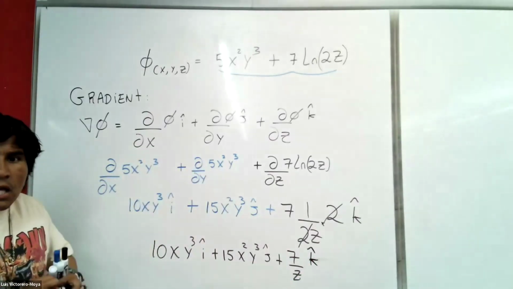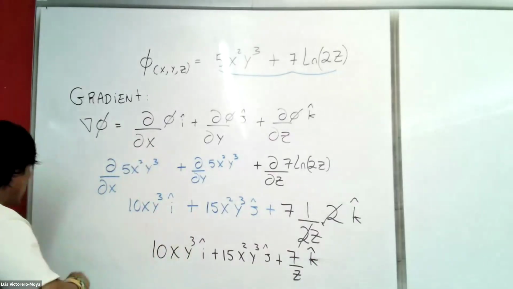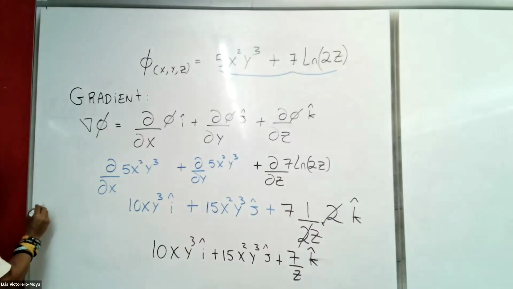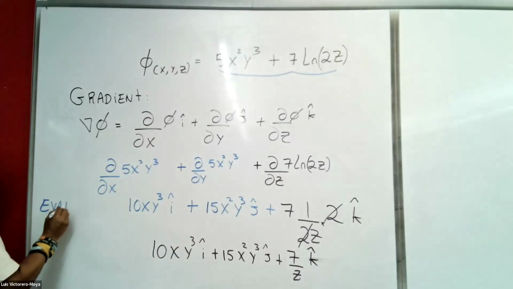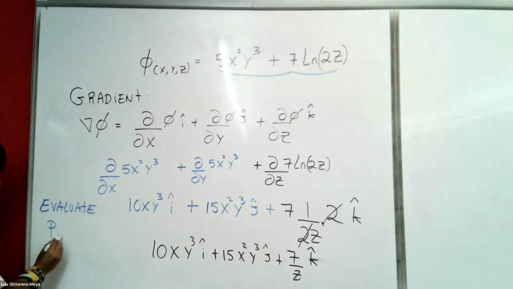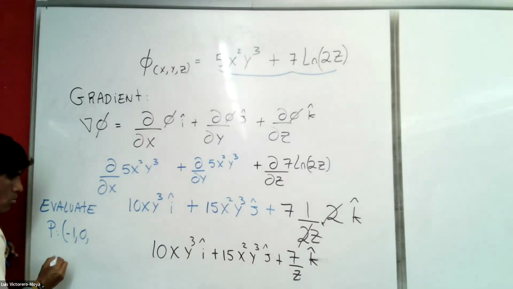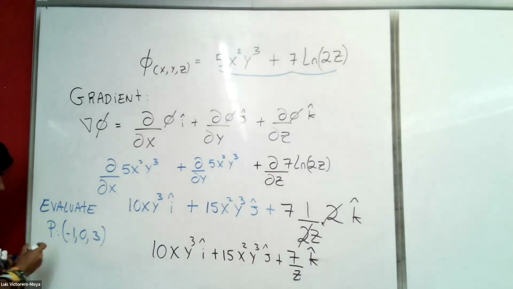Perfect. Now, in the worksheet, you have to evaluate. So let's say you have to evaluate for a point. Let's say -1, 0, 3.